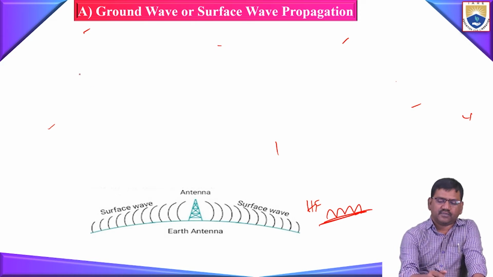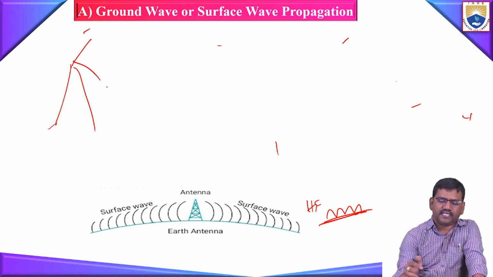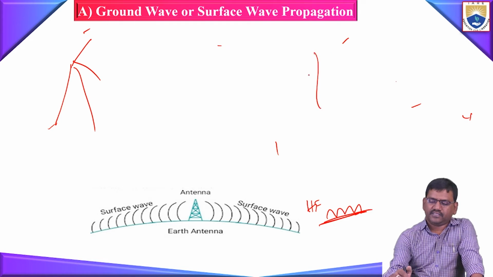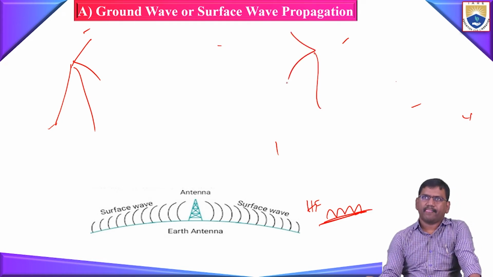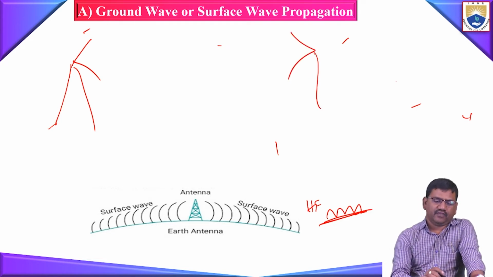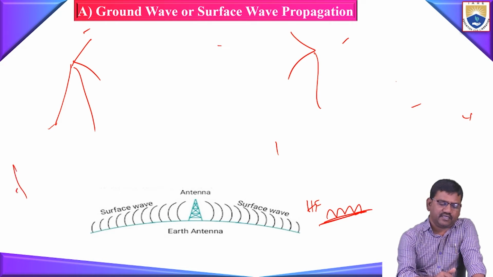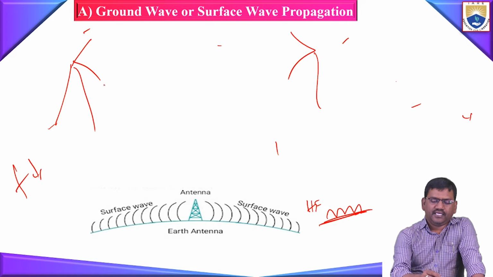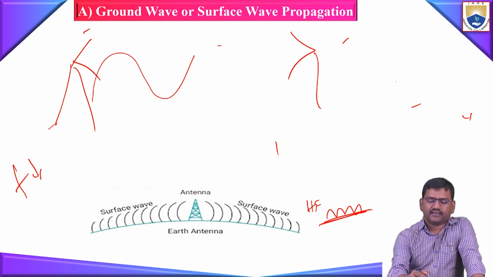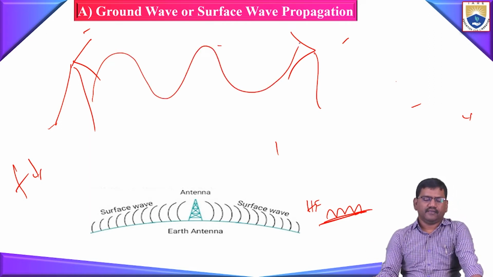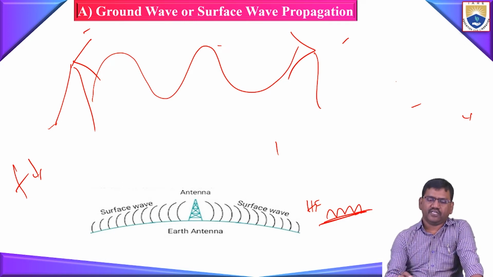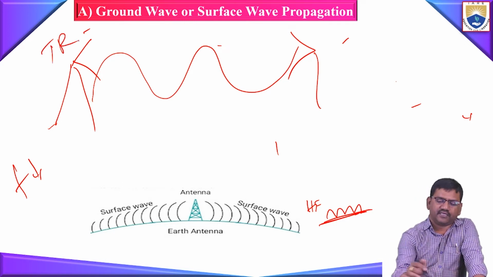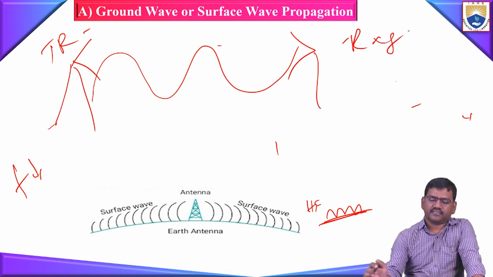That means, suppose this is the transmitting antenna and this is the receiving antenna. If we send a low frequency signal, then the transmission of radio waves is propagated from the transmitting antenna to the receiving antenna like this.